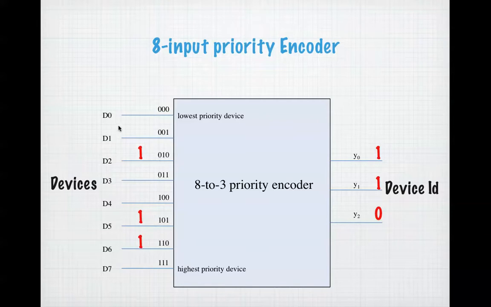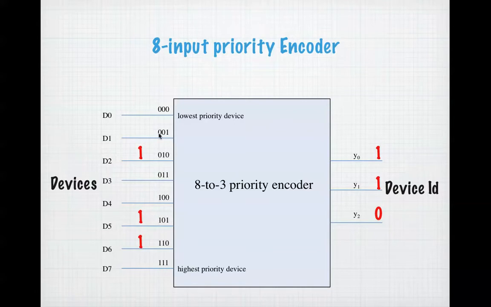So the priority of D0 is the lowest priority in this scheme, and that is equal to 0, or 000 in binary. And the priority of device D7 is the highest priority among all the devices, and it's given the priority of 7, or 111 in binary.